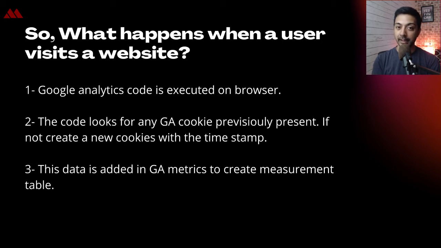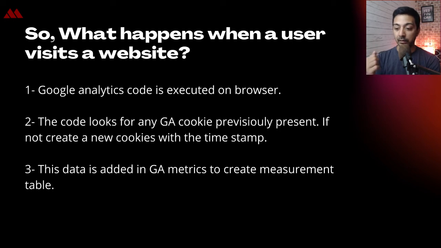If there is not, then a new cookie will be created, and that will carry a Google Analytics ID for that particular website. Along with that, it will also carry the timestamp when this cookie is created, or the timestamp of when you visited that website.